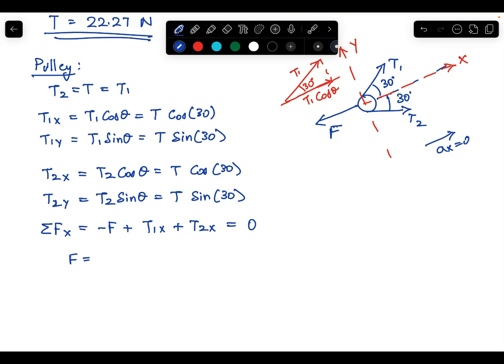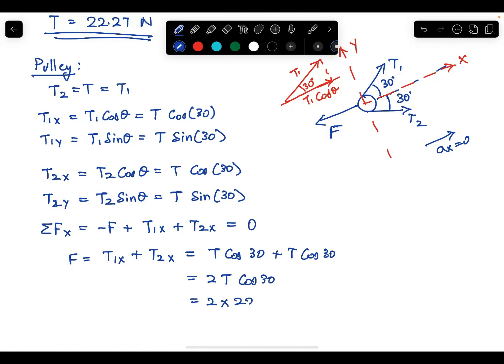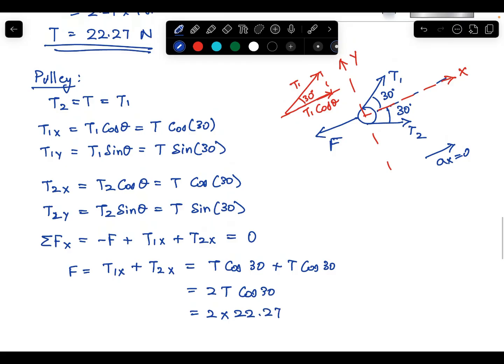So F is just equal to T1x plus T2x, which is T cosine 30 plus T cosine 30 equal to 2 times T cosine 30, 22.27 multiplied by cosine 30.